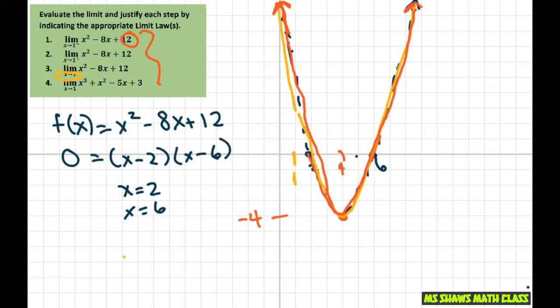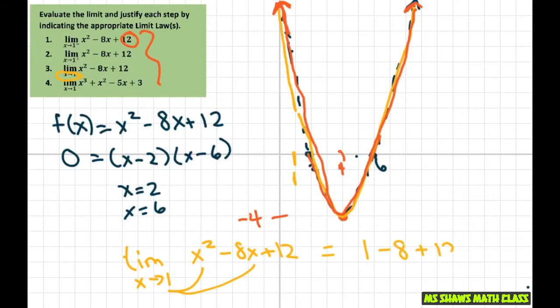So the limit as x approaches 1 of x squared minus 8x plus 12, you just plug the 1 into the x's. You get 1 minus 8 plus 12. So that's 13 minus 8, and that gives you 5.